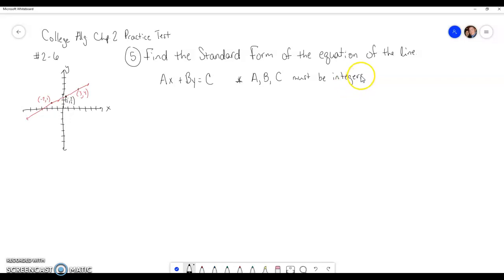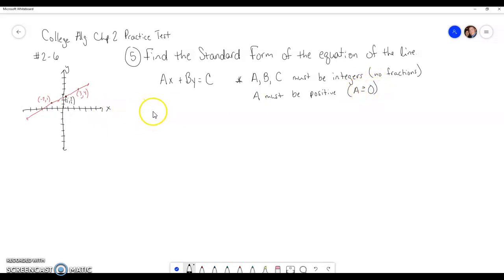Remember, integers means that we can have no fractions. And also a must be positive, so a has to be greater than or equal to 0.